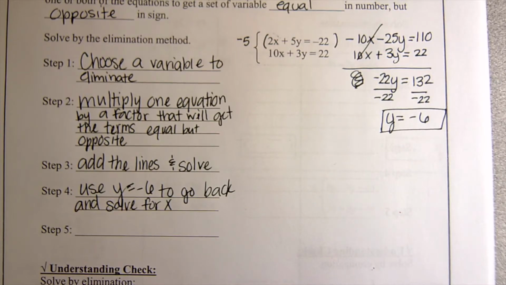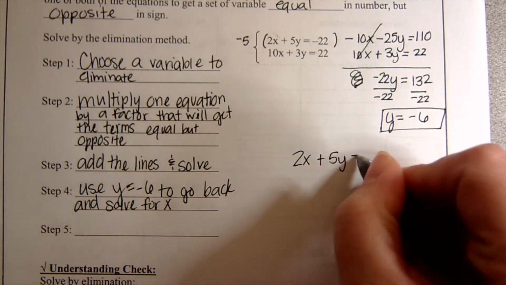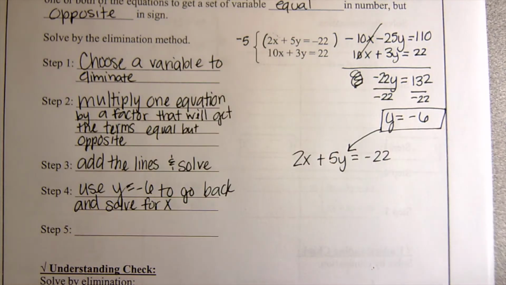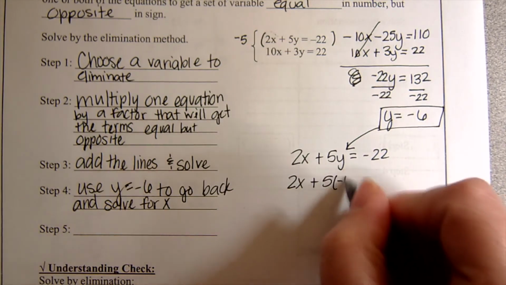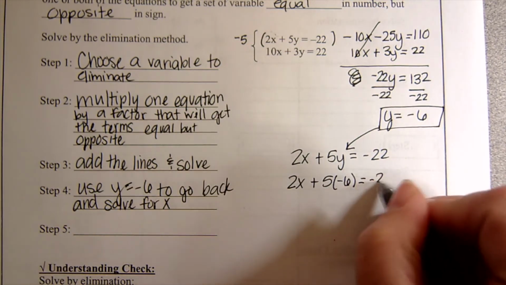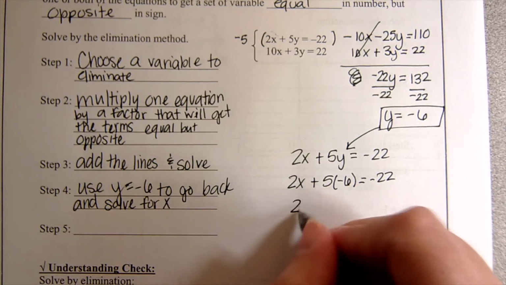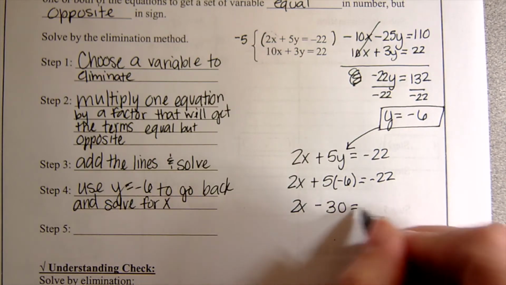This is the same thing we did with substitution. I'm going to go ahead and use this first equation. I'm going to plug in negative 6 for y. So 2x plus 5 times negative 6 equals negative 22. Multiply, so 2x, and this becomes minus 30 equals negative 22.